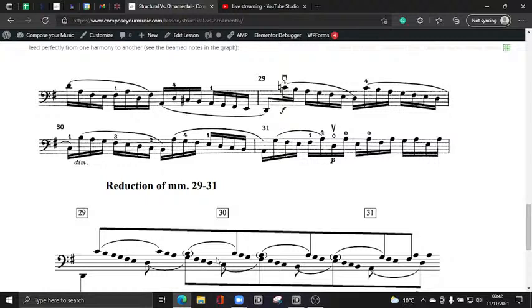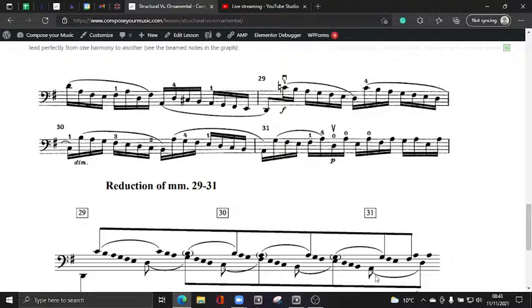So what I was saying is that these intervals, you have one interval that is the connector of the whole passage. A seventh. C to D, C, B, C. A, B, G, A. Those are the pillars of the passage.